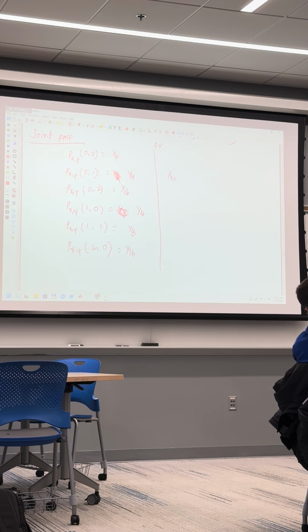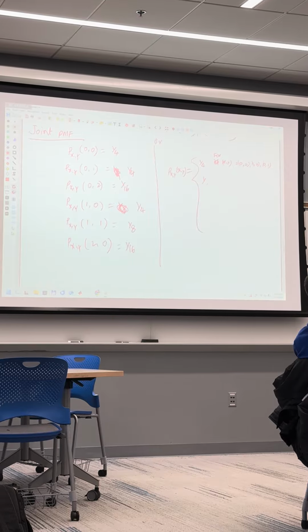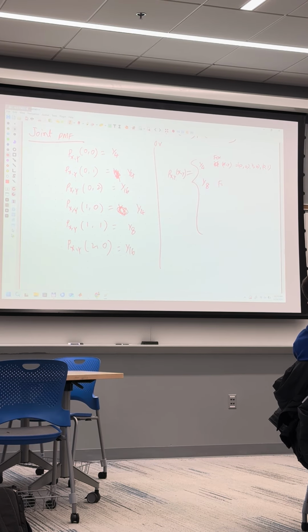PMF of random variable X, Y taking value x, y equals 1/4 for x, y equals 0, 0; 1, 0; 0, 1, and it's 1/8 for x, y equals 1, 1, and it is 1/16 for x, y equals 2, 0; 0, 2, and it is 0 otherwise.